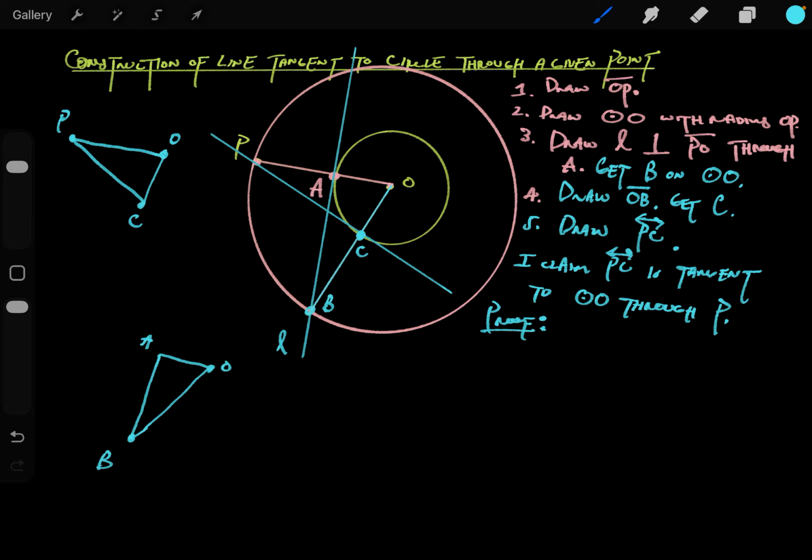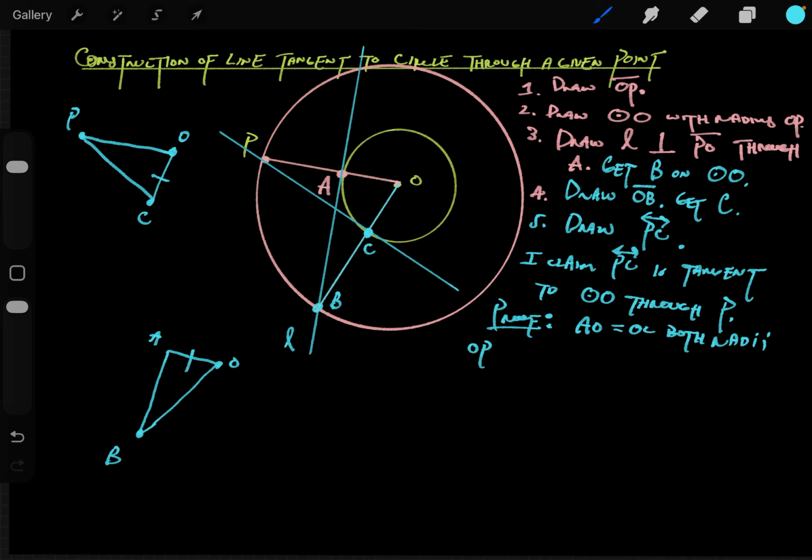So what should we say first? Well, AO equals OC, both radii. So then immediately, this is the same as this. And then I could say PO or OP equals OB, both radii.